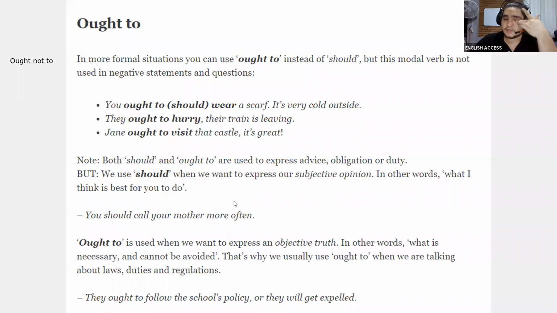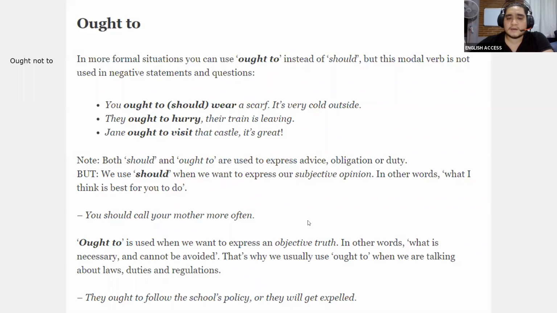That means what is necessary, or for example, what you cannot get out of doing. Yes, what cannot be avoided. It says right here. That's why we usually use ought to when we're talking about laws, duties, and regulations.